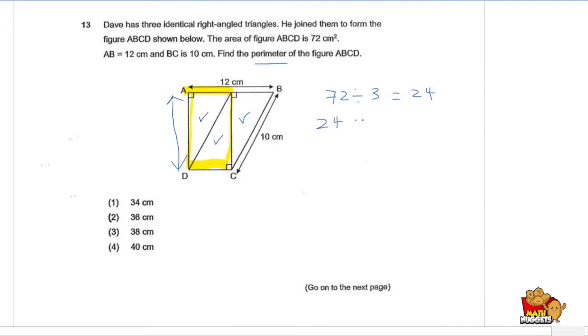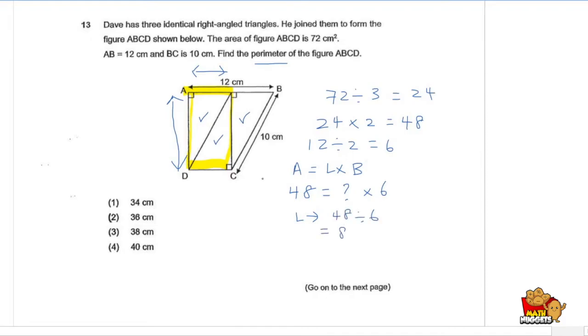If one triangle is 24, 2 triangles which make up the yellow rectangle will be 48. Now do I know the breadth of the rectangle? Yes, it is 12 divided by 2. Remember, the triangles are identical. Area is equal to length times breadth. If area is 48 and the breadth is 6, the length AD is 48 divided by 6, which is 8.